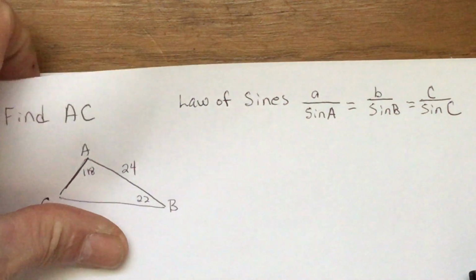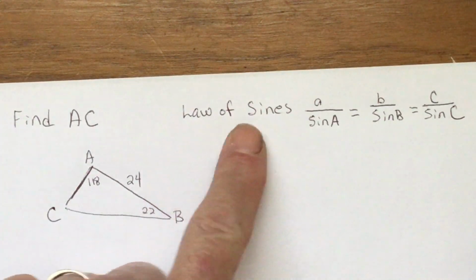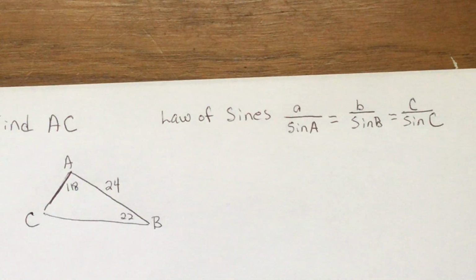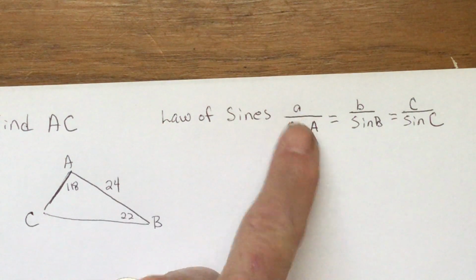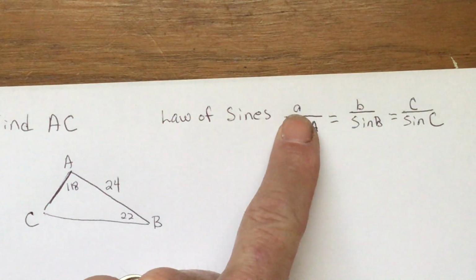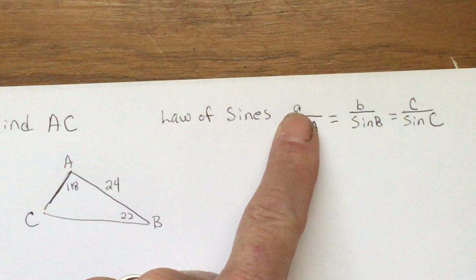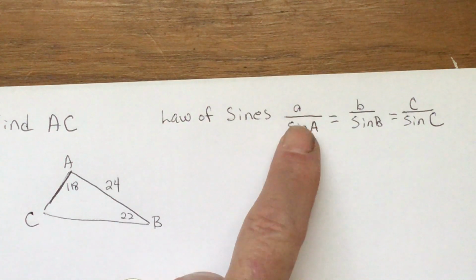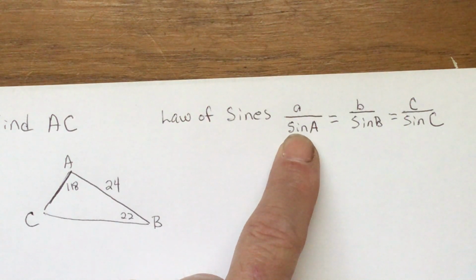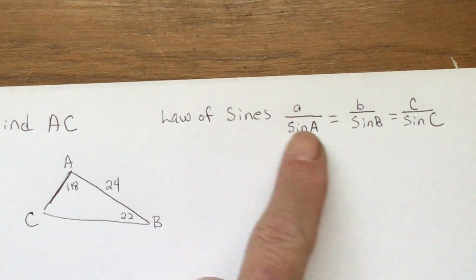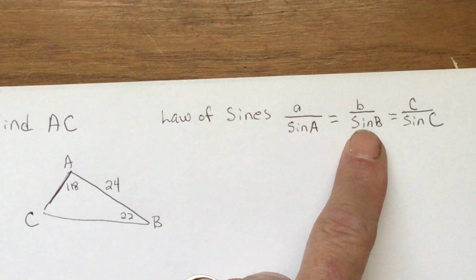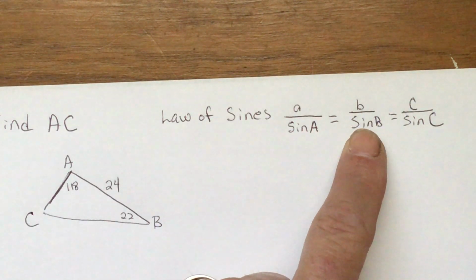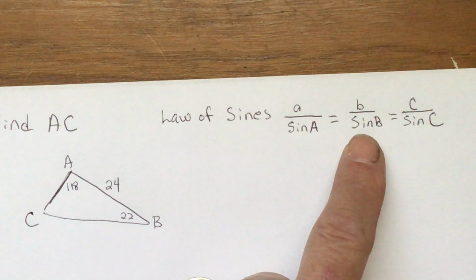Okay, today I'm going to talk to you about the law of sines. The law of sines gives us a proportion of ratios. If you take a side, that's measure A, and divide it by the sine of the angle that made that side, that ratio will be the same as another side of the same triangle divided by the sine of the angle that made that side.